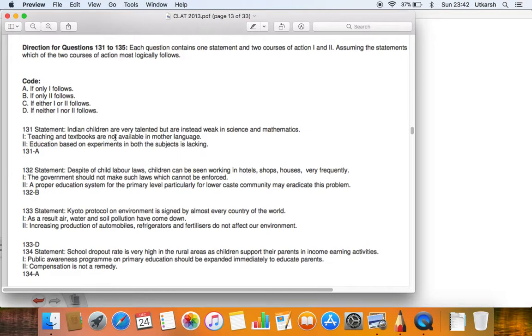Teaching and textbooks are not available in mother language. Education based on experiments in both subjects is lacking.